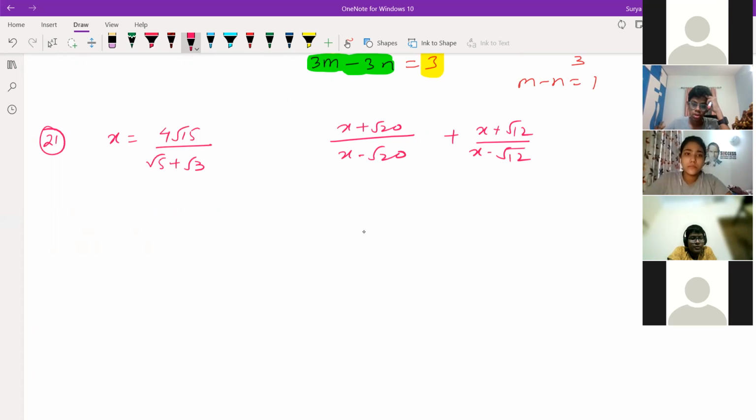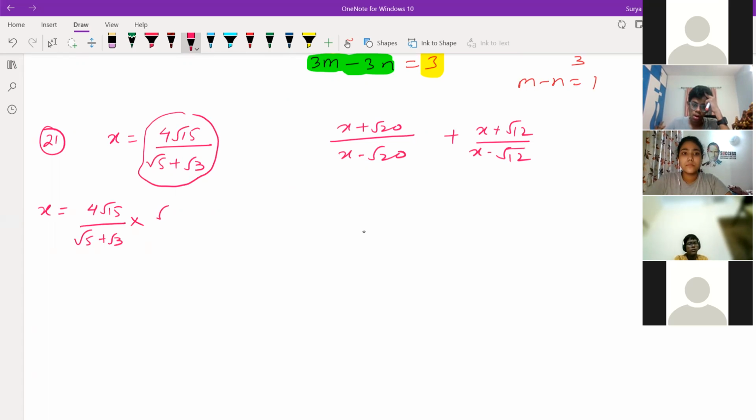If we know the value of x, it's easy to put here. So how to find the value of x? Let us rationalize this. What do we get? 4 root 15 divided by root 5 plus root 3.